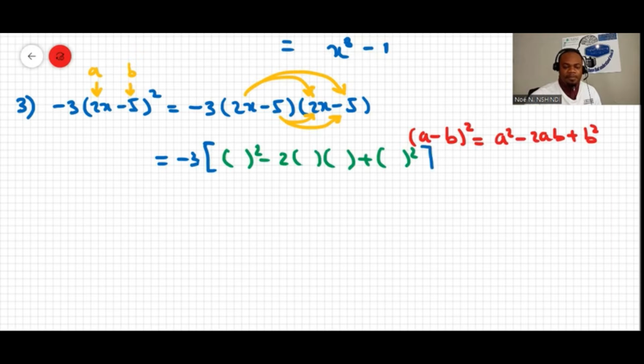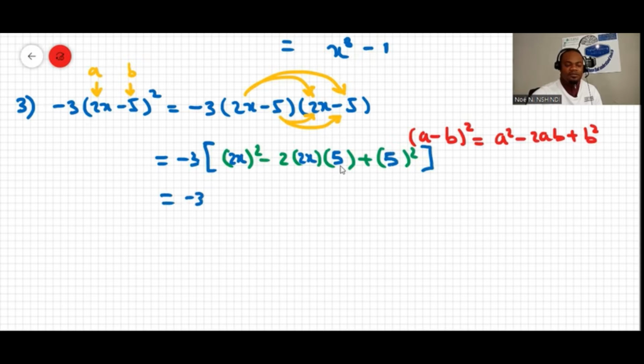I can substitute. My a is 2x, and b is 5, not -5 here. We need to be careful. It is 5 because this minus is in the formula, plus b squared, 5 squared.